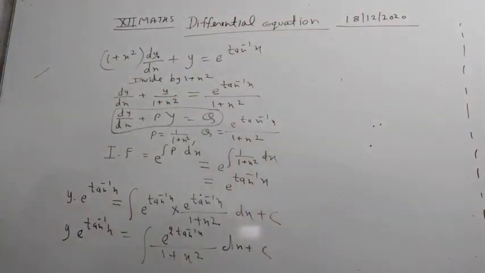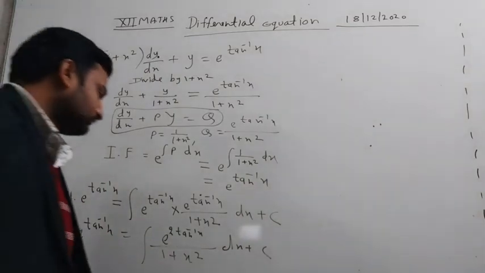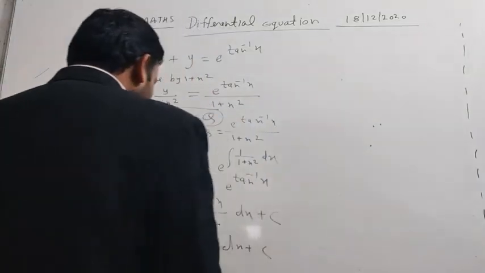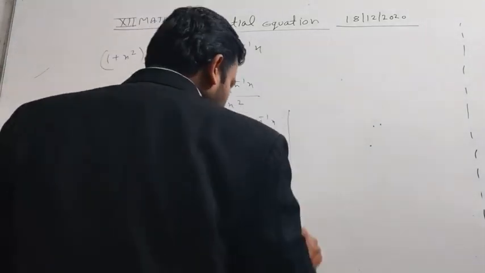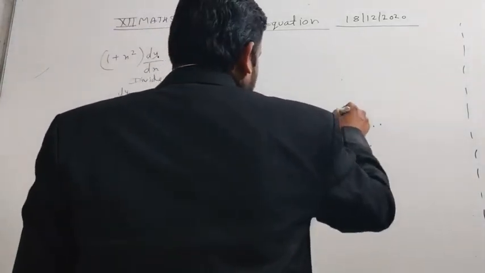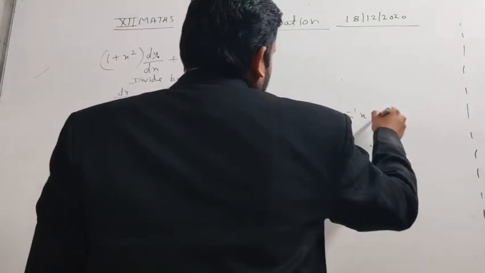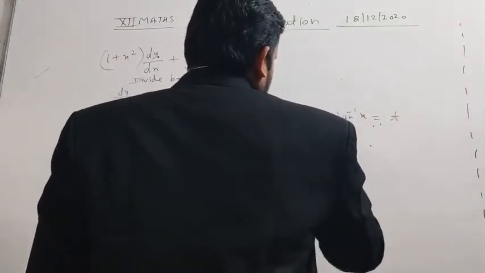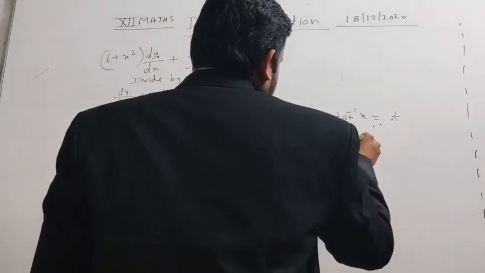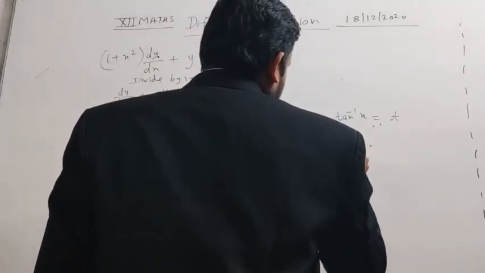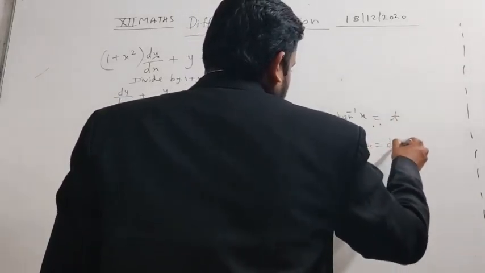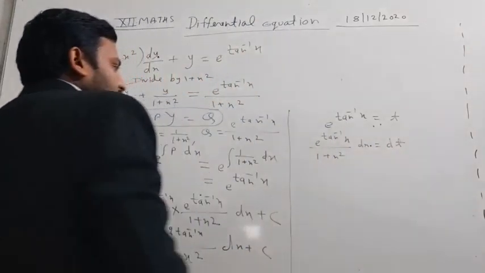Okay, now we take e to the power tan inverse x as t, so e to the power tan inverse x by 1 plus x square dx is dt, it will be right.